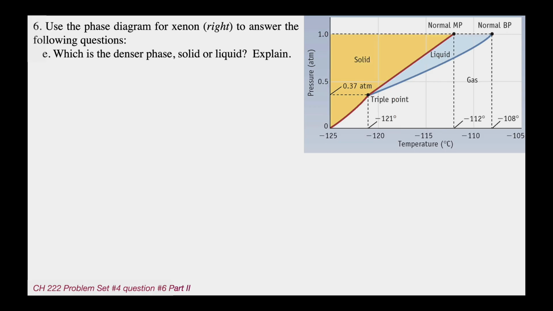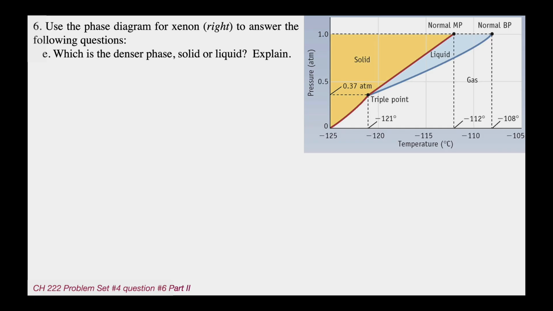Part E, it says which phase is denser, solid or liquid? Okay, and this is a good question. This is kind of a hidden thing of phase diagrams. Now in xenon's diagram there, if you look at the solid-liquid line, that line has a positive slope, i.e. the solid-liquid line, the kind of brownish line there, it's increasing up and to the right.